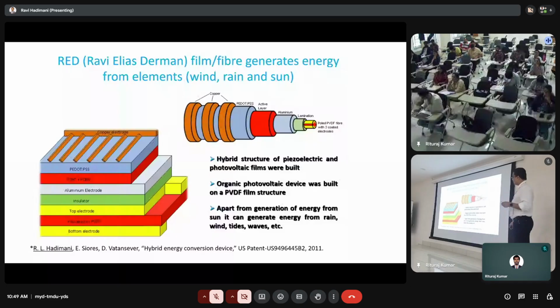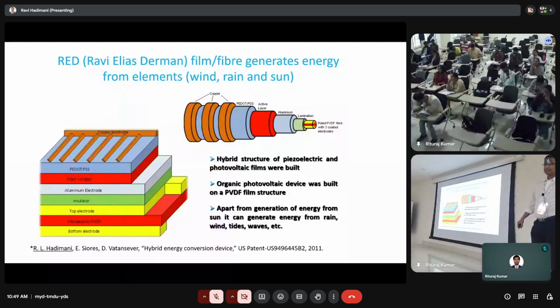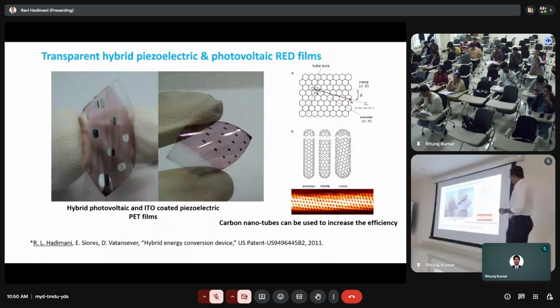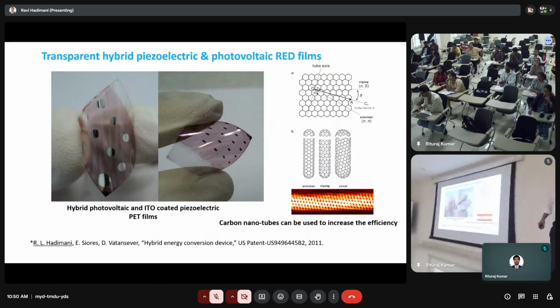We called it red film or red fiber because of the three of us who worked on it, Derman is the PhD student, Elias was my boss. So this is red film or fiber, which can generate from the elements: sunlight, rain, and wind. Okay, so this is how it looks like. We did not use the comb structures. Instead, we used dot structures.